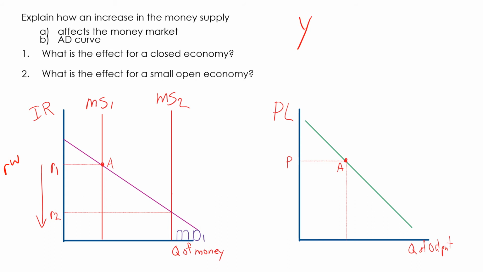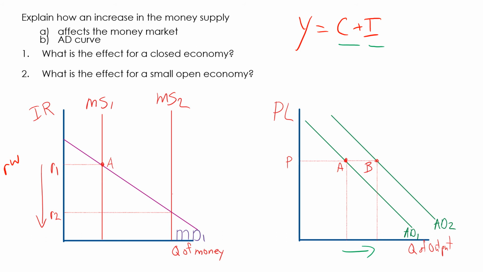And of course, we know that this is going to affect C and I, right? So that's great. And we start demanding more goods and services. That worked.